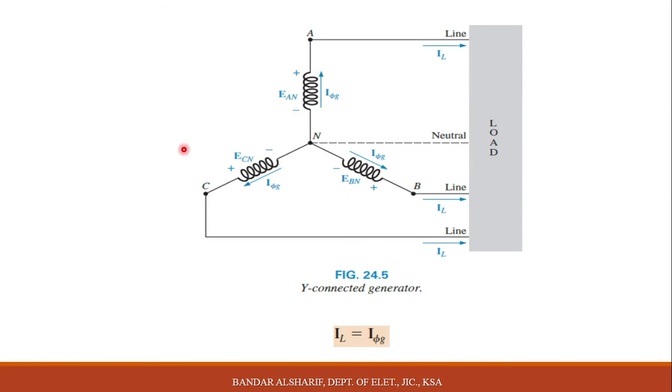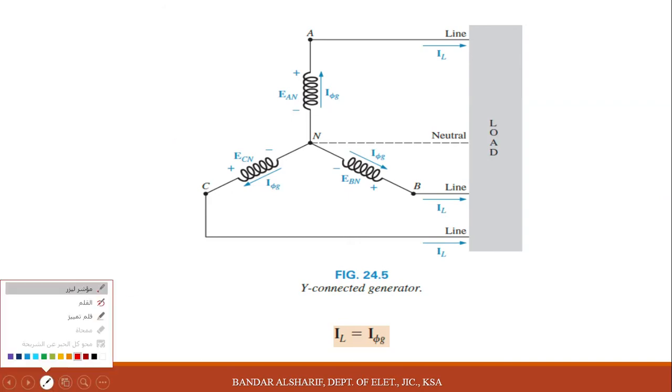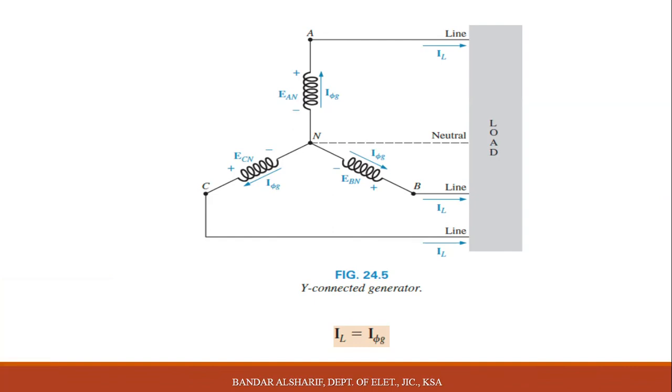We will explain here some information about the three-phase system, and the voltage value and current value, because we have a three-phase system, we have two types of current and two types of voltage. In general, any current going through the line between the source and load, we will call it I line.